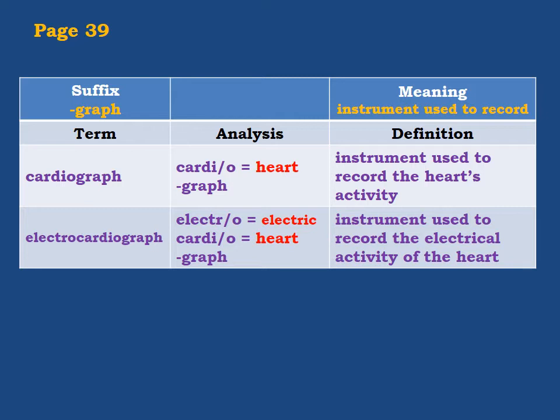And cardi, heart, the meaning, instrument used to record the electrical activity of the heart. See, the electrical activity. So this is the difference between this one and the previous one. The previous one records the heart activity in general, but here specifically the electrical heart activity.